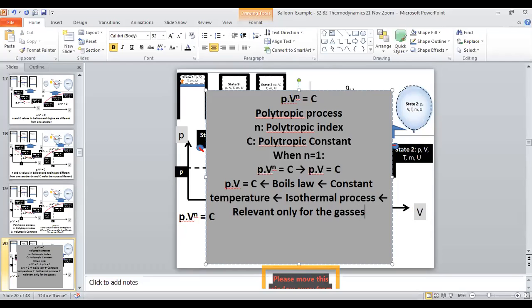Working fluid means, for example, the air inside the balloon receiving heat from the sun. In the balloon example, the air gets expanded, the system boundary expands, so work done is there. Work done means it's a working fluid.